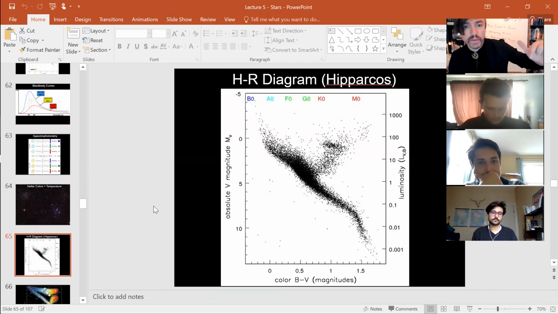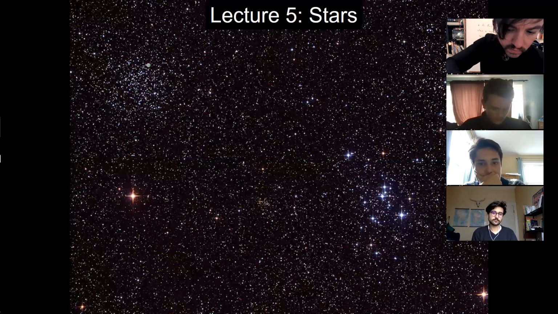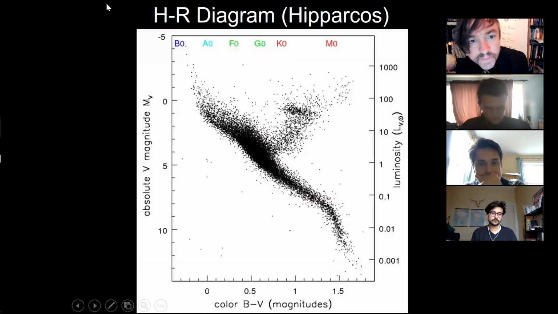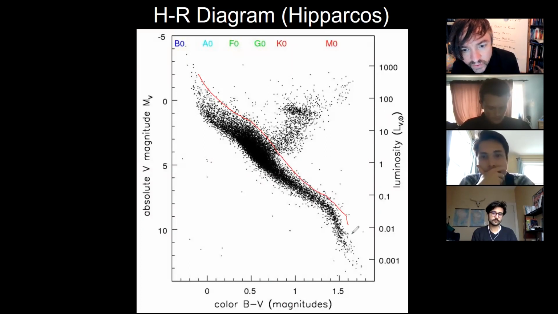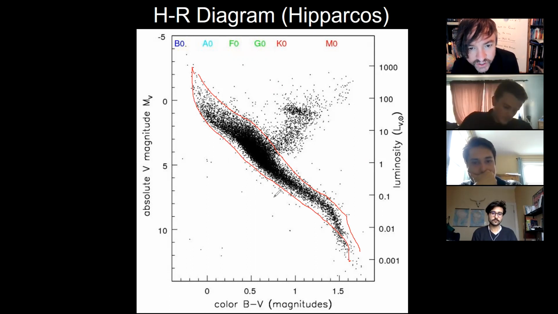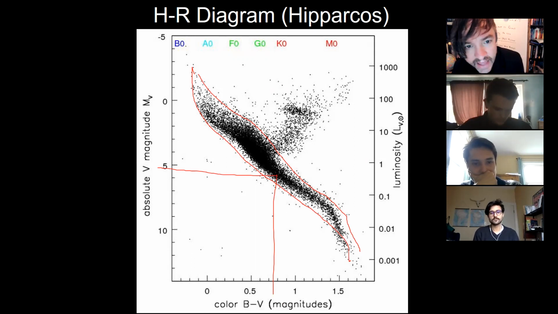This one was taken with the Hipparcos satellite. The takeaway from last time was that a great majority of the stars are found along this diagonal, which you know as the main sequence. For a while, astronomers could say most stars have some kind of relationship between their temperature and their luminous output, and these stars are all acting normal.